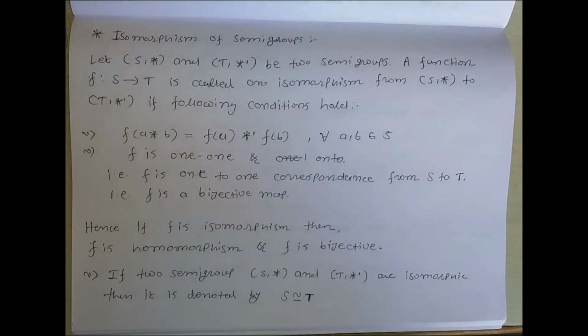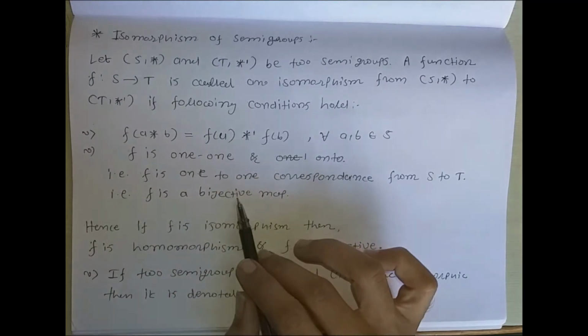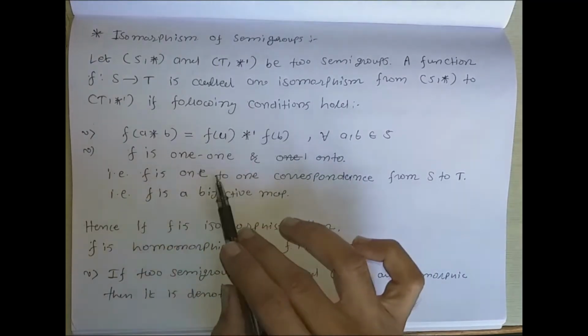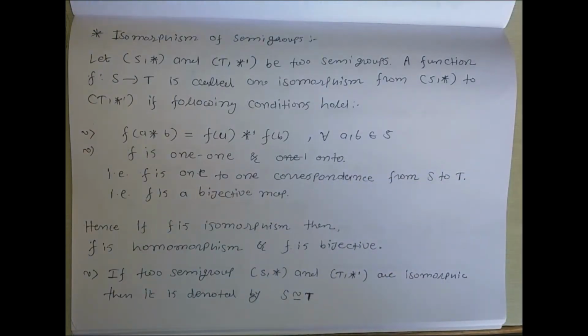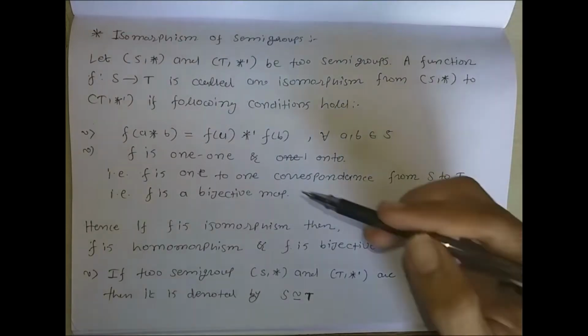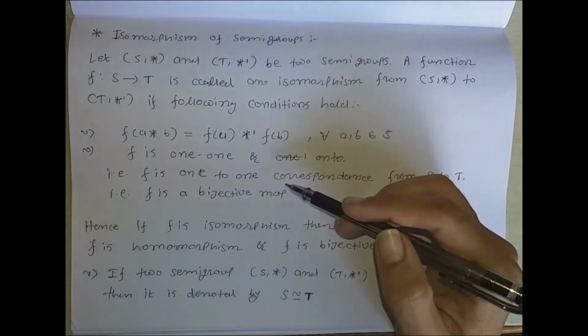Now we know that a 1-1 and onto function is said to be a bijective function. So f is a bijective map, or we can say that f is a 1-to-1 correspondence from S to T. So if f is an isomorphism from S to T, then f is a homomorphism, and also f is bijective, that is 1-1 and onto.